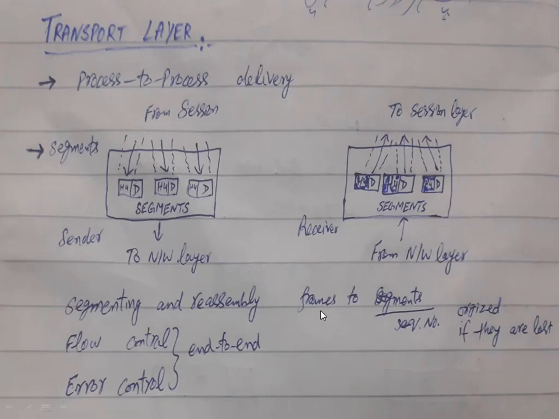It means frames to segments. Segments contain a sequence number. If the data is lost, then it can be handled by the sequence number. It organizes the data if the data is lost. Flow control and error control both happen end to end.